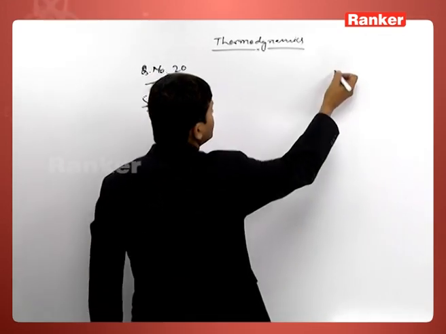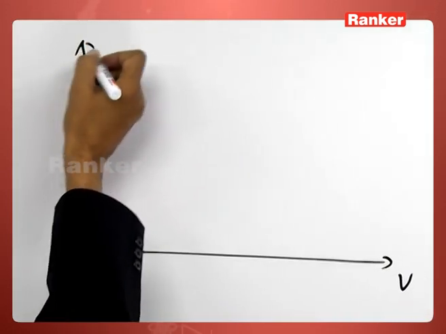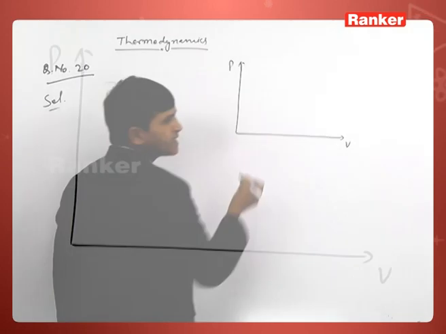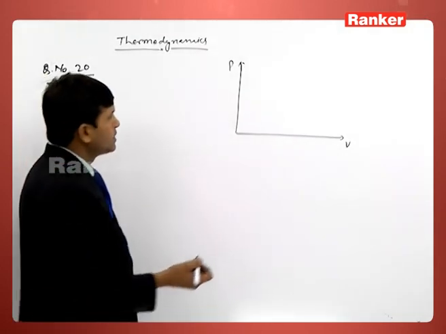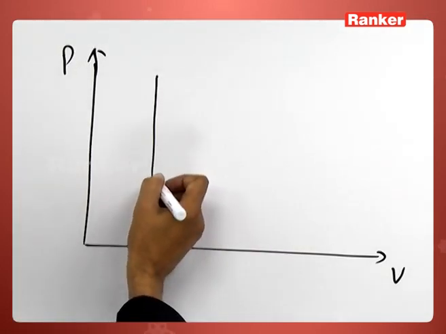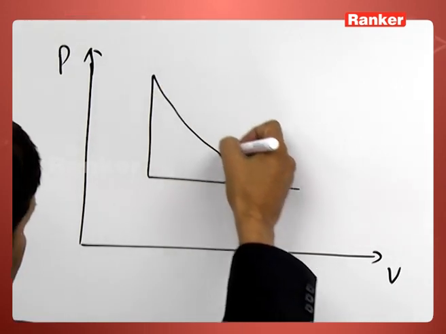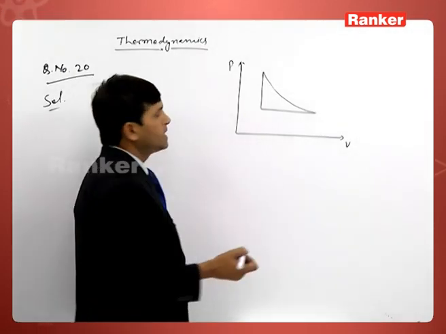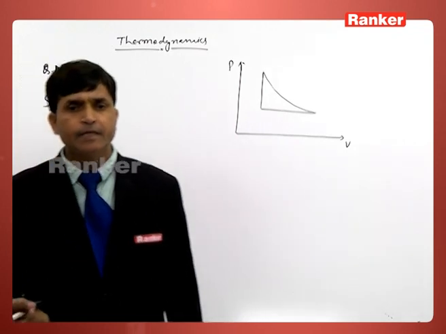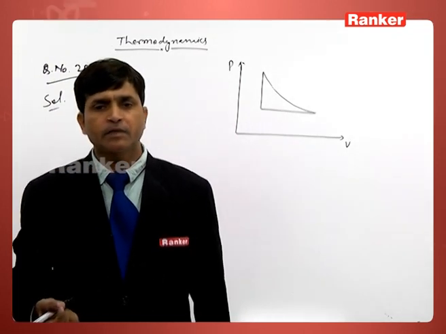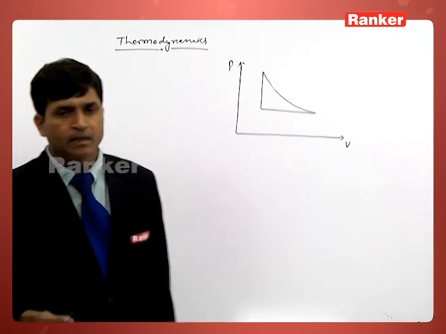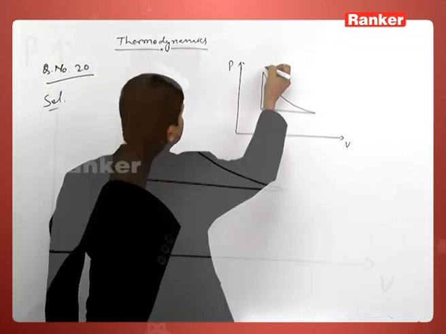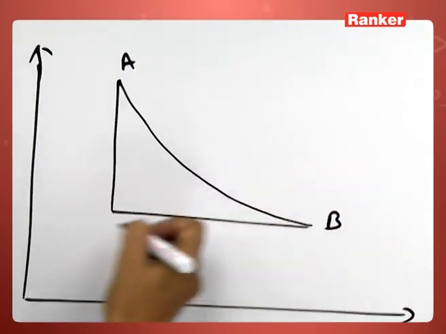In this question, a PV diagram is given, and in this PV diagram the process is like this, and AB is an isothermal process. So A, B and C.